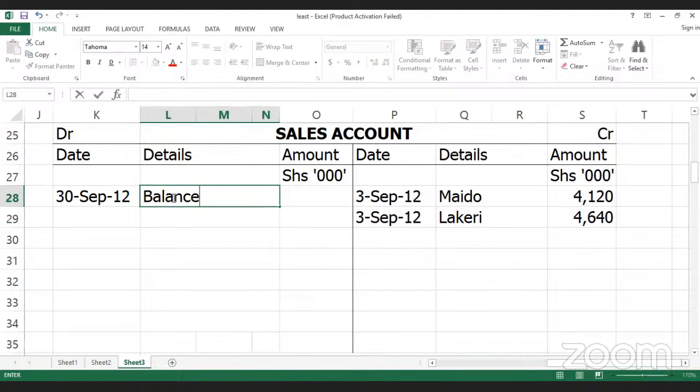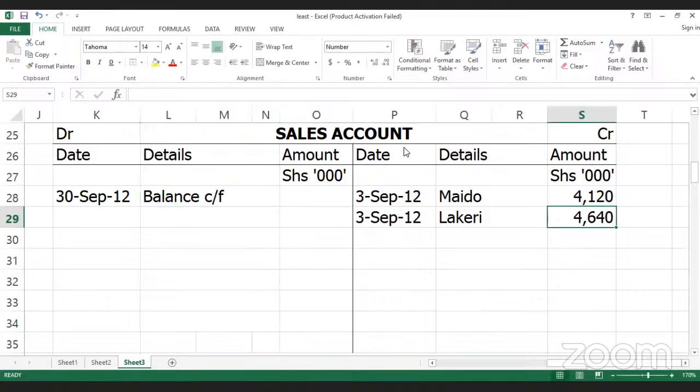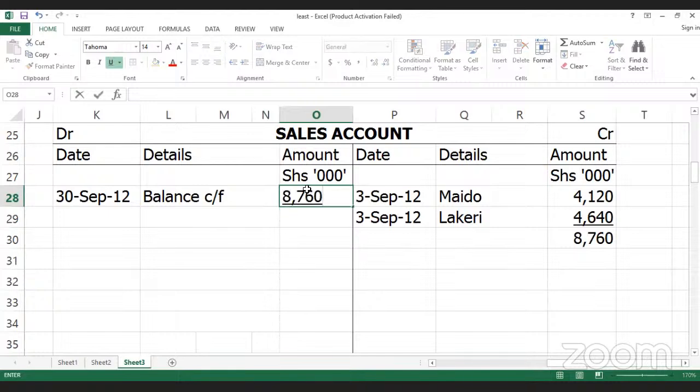So balance carried forward. How much is the total? 8,760. That's the total. So even here we should have 8,760 as our balancing figure in the sales account.